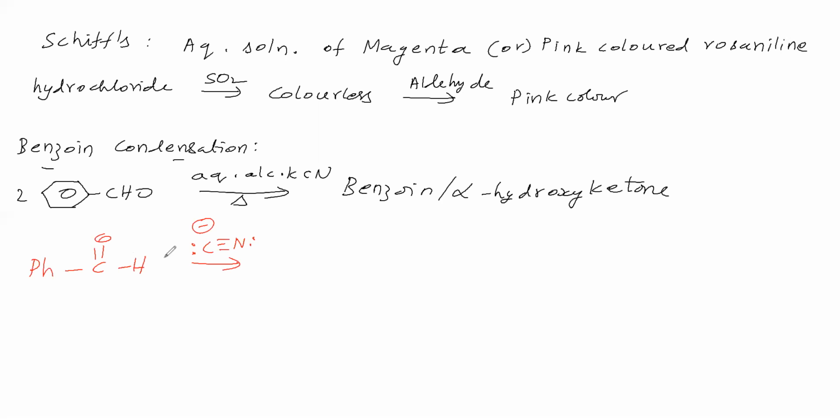This C minus is attacking the carbonyl carbon. This bond is migrating to the O. So this phenyl ring here, this O becomes O minus. Here CN, here H. Okay, what is the next step? That we will see. Next step is this bond is migrating to carbon. This H plus is attacked by O minus.